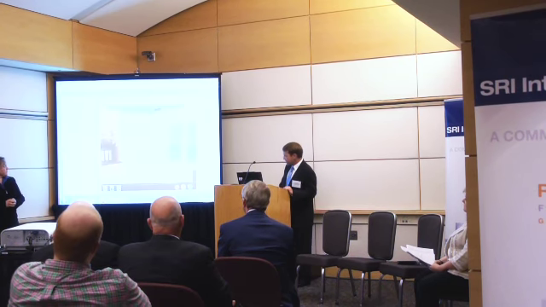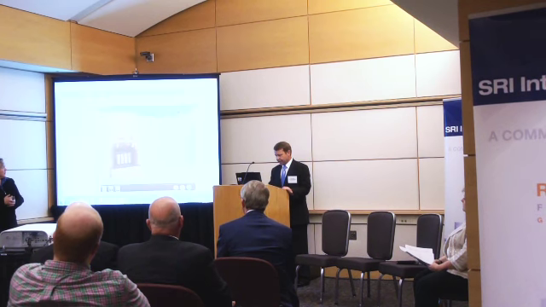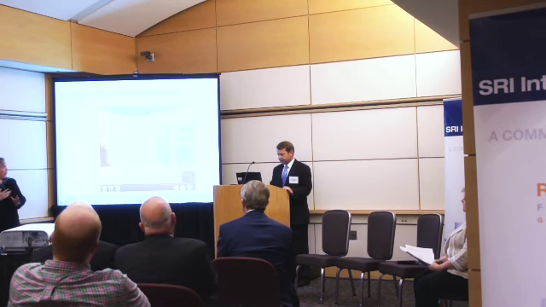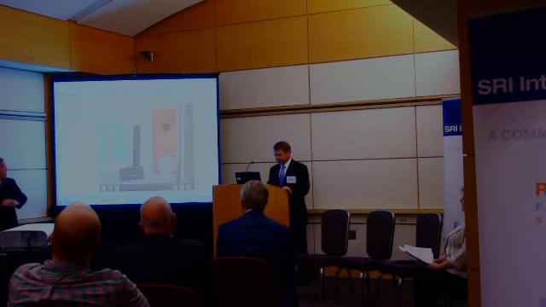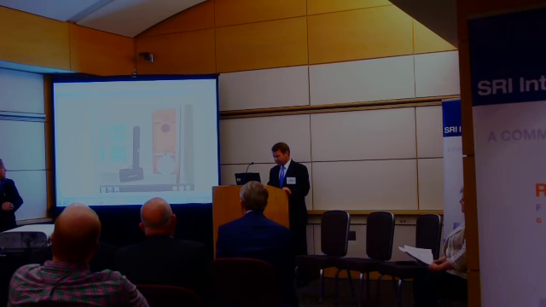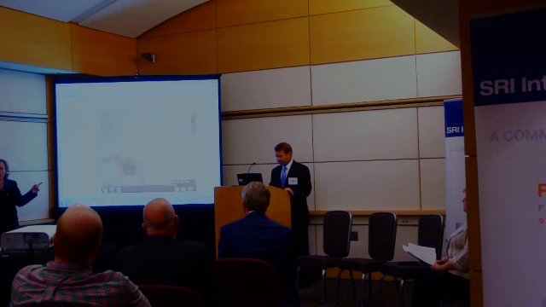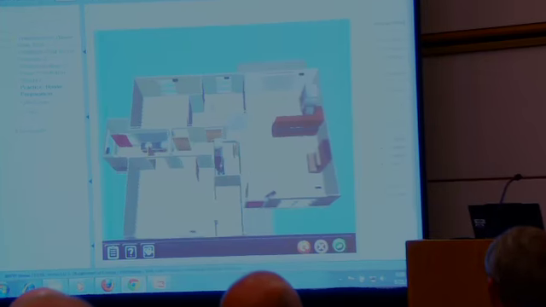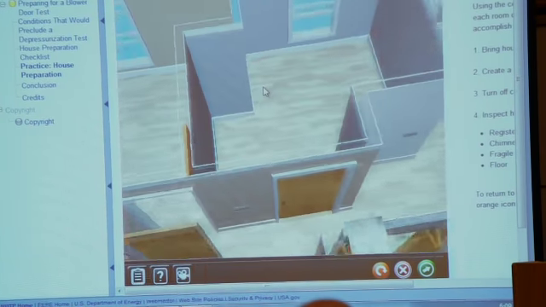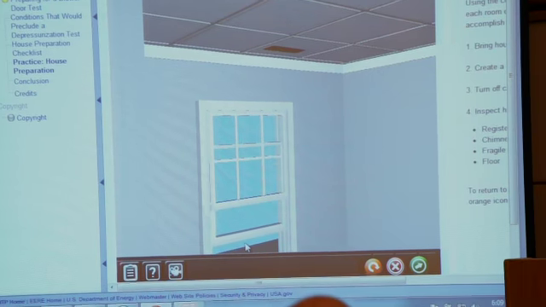So I'm now an installer. I can move around the room. I can open the windows. I know I need to close that. That actually is the model of the blower door. Let me go back. I'm going to go into another room. In this bedroom, I can see the window was open here. I'm going to close that.